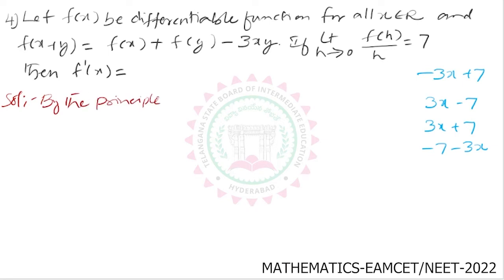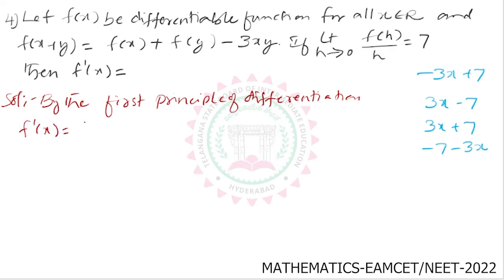We have solved a number of questions on this by the first principle of differentiation. F dash x is equal to limit h tending to 0, f of x plus h minus f of x, whole divided by h.